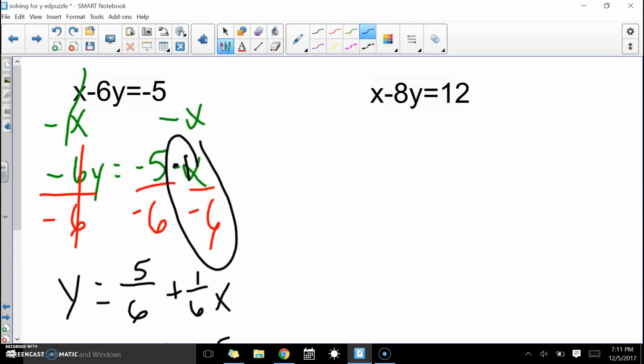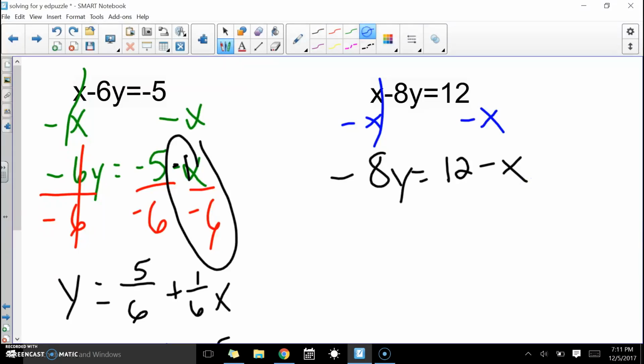Okay. Try the next one. I subtract x. I'm left with negative 8y equals 12 minus x. Then I divide by negative 8.